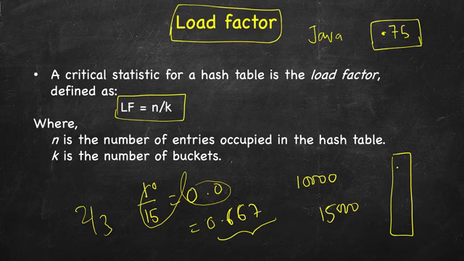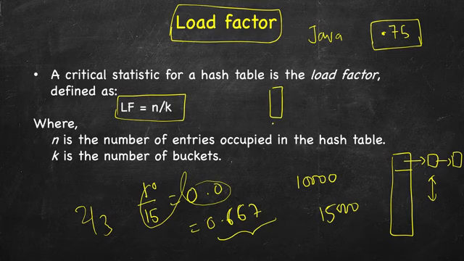Another metric is that in this case we are not looking at the chain sizes, that is, on average how many keys are present, what is the variance. So another parameter is to look at variance. So let's say we have two hash tables, T1 and T2. Their load factors are the same, that is, their number of buckets is the same and the number of keys inserted is the same, so their load factor will be the same.